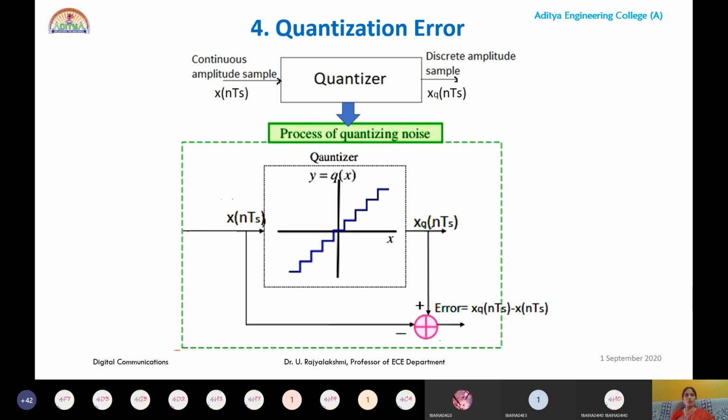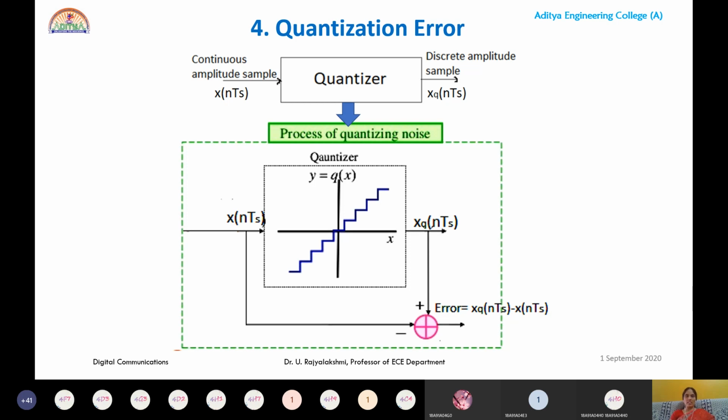The x-axis represents the input, that is the continuous amplitude sample, and the y-axis represents the quantized signal, that is the discrete amplitude sample. Now, what is xq of nTs?